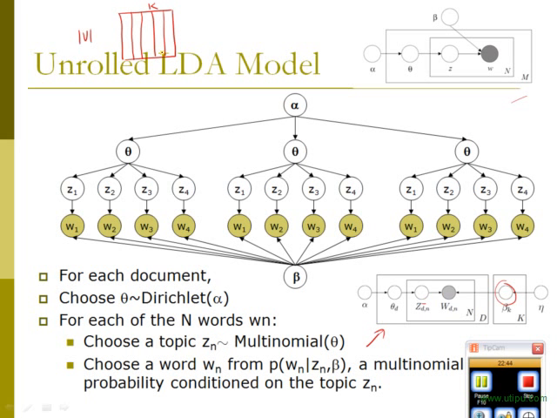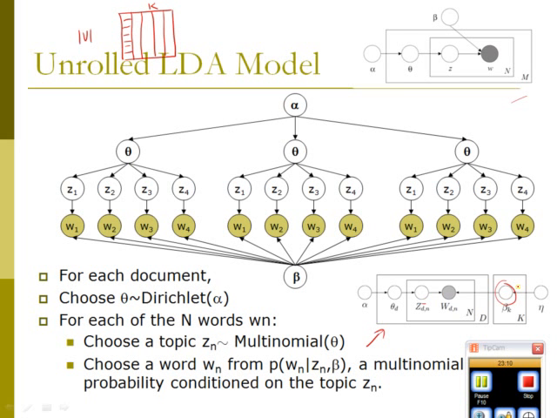Then you put positive numbers between 0 and 1 here such that they add up to 1. So that's what we have in mind. This beta, which looks reasonably inconspicuous, is actually holding all the word distributions for the K topics.